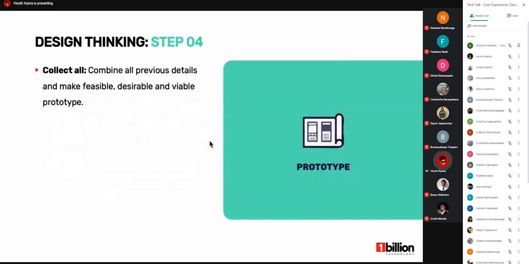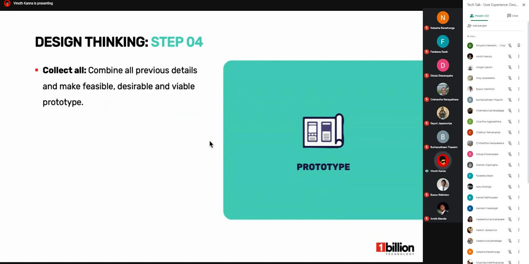So let's go to step 4. After we collect all the information in the previous step, we pick the best possible flows, and we are ready to prototype it. Combine all the previous details to make a feasible, desirable, and viable prototype.